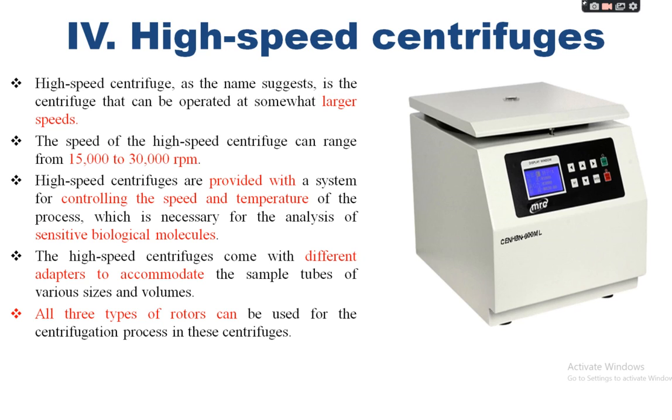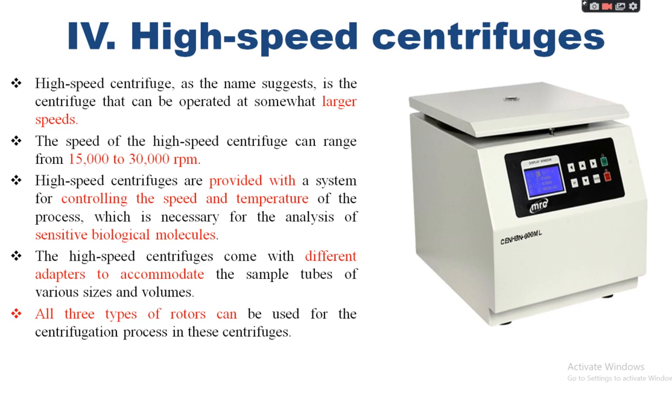The rpm ranges from 15,000 to 13,000, which we can set along with the temperature gradient. Temperature control is very necessary for the separation of DNA or RNA particles, because temperature plays a crucial role. So according to the substance we can adjust the temperature along with the speed within high speed centrifuges.